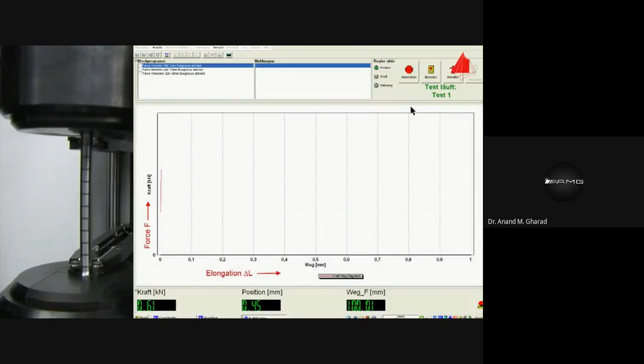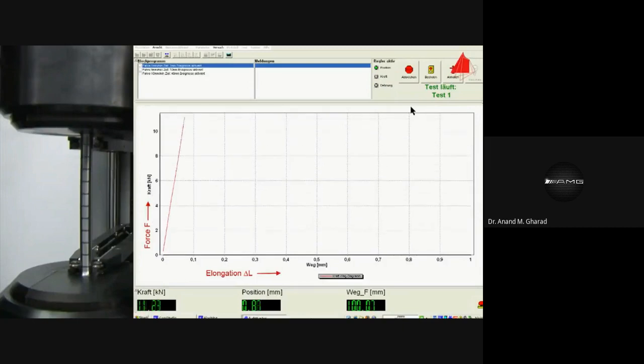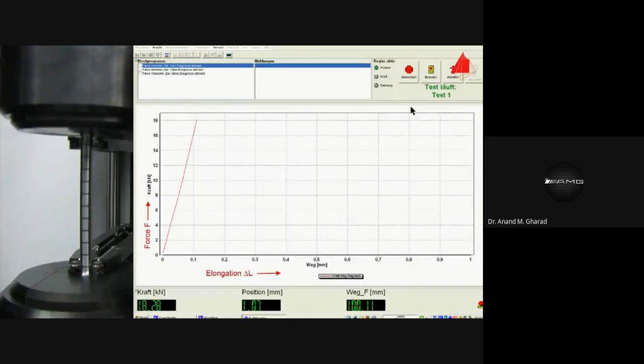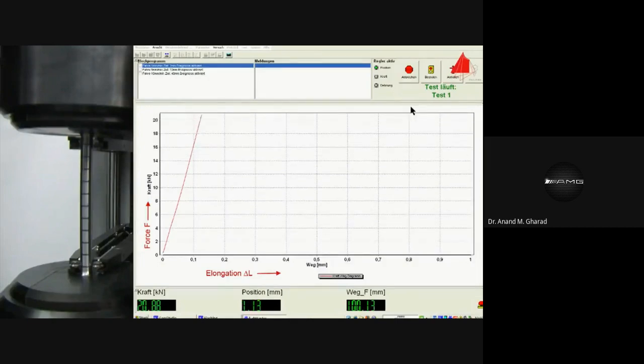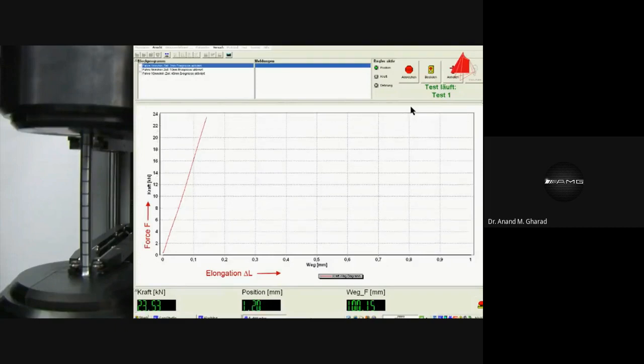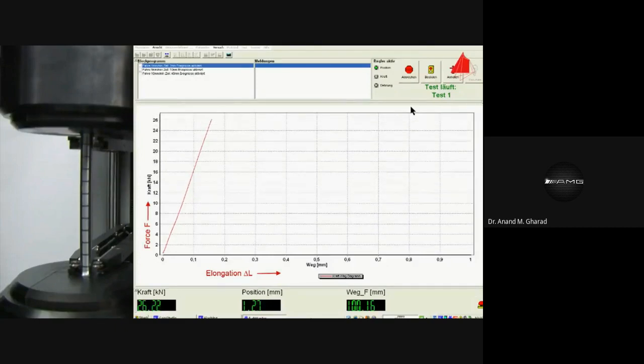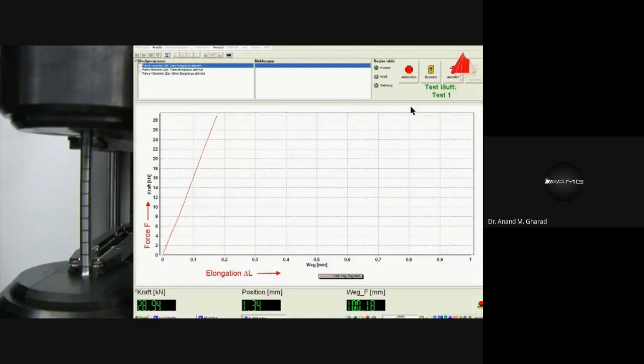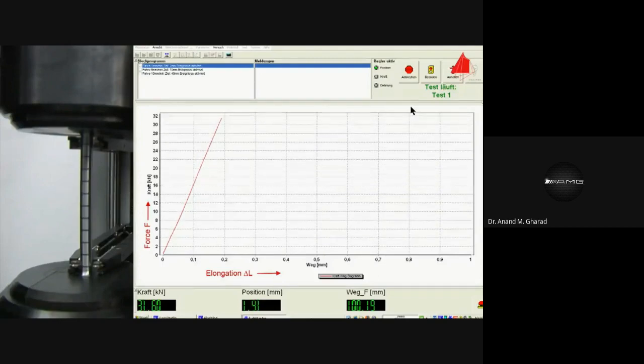Initially, with the increase in the elongation, the force also increases. So the plot is there. See, it is increasing, and how is the increment? You can see it is in linear form, isn't it? It is increasing from some zero value, going in a linear manner.